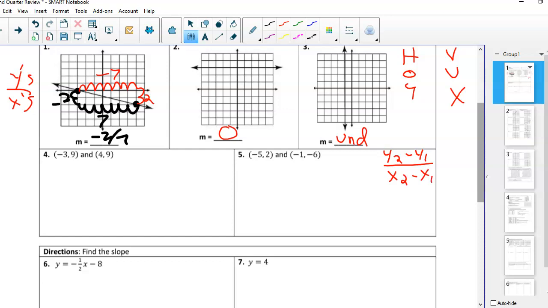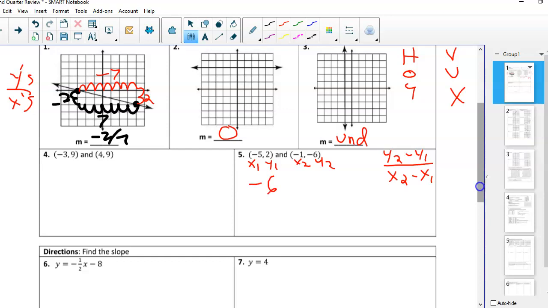Remember that you can change the order. You could put y1 first and then y2 as long as you put x1 first as well. If you only switch one, you're going to get a negative or a positive when you shouldn't have. So label it if that helps you, and then put that into that format.